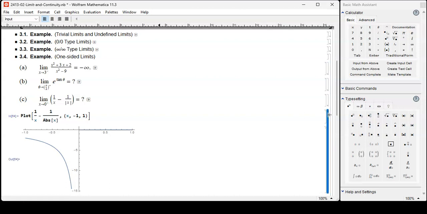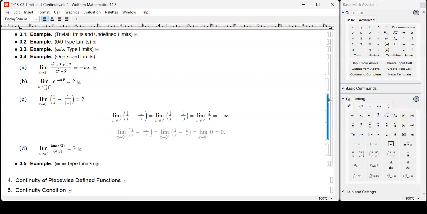As a matter of fact, absolute value of x is negative x when x is a little bit less than 0. So we end up with 2 over x, so that's going to negative infinity. When x is 0 plus, then absolute value of x is same as just x, so 1 over x minus 1 over x, so we get 0.